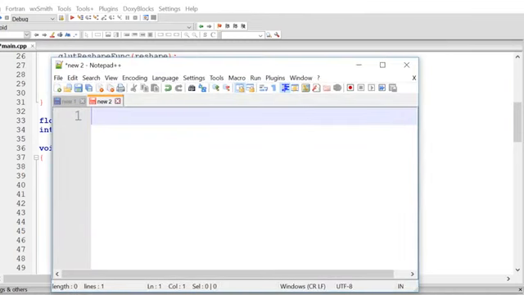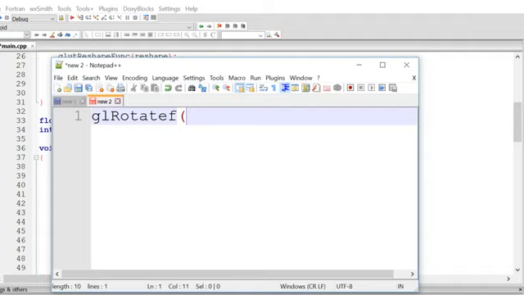Now to implement rotation in OpenGL, we use the glRotate function, and this function has a suffix to it, which can be either f or d. F means that the values we are going to specify will be taken in as float, and d means double. So it has 4 arguments.